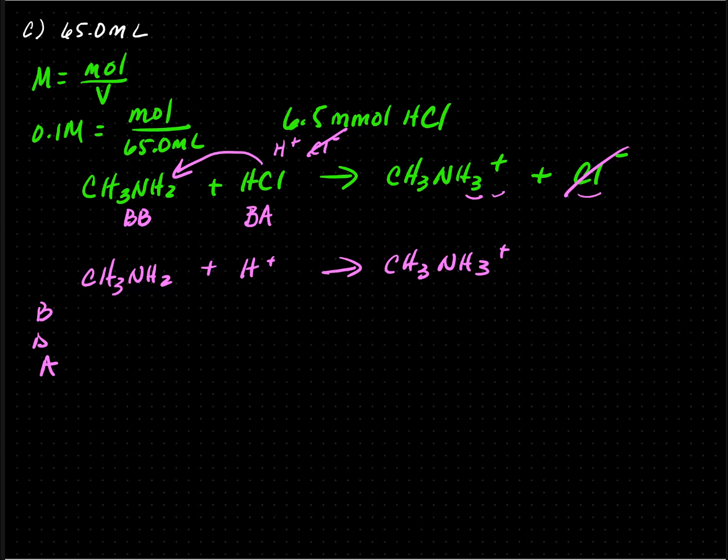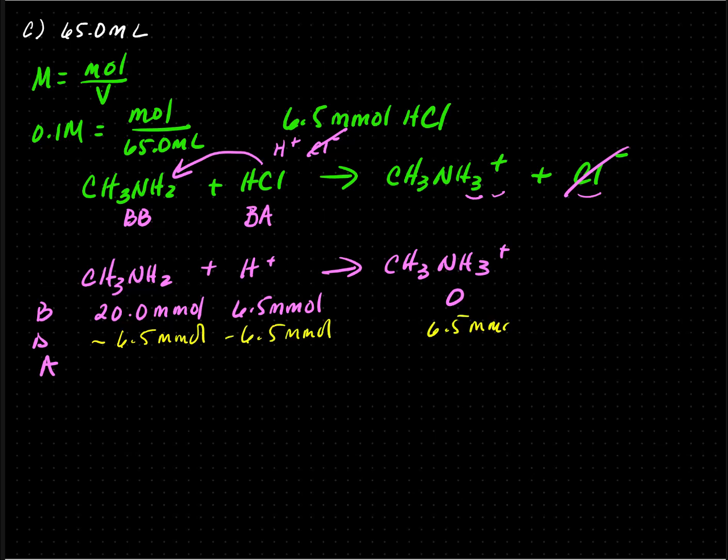So now we're going to do before, change, after. The amount of the weak base before is 20.0 millimoles. The H plus we calculated as 6.5 millimoles, and there's none of the conjugate. Based on this equation, we know the H plus is the limit, so on the left side we have to subtract 6.5 millimoles, and on the right side we must add 6.5 millimoles.